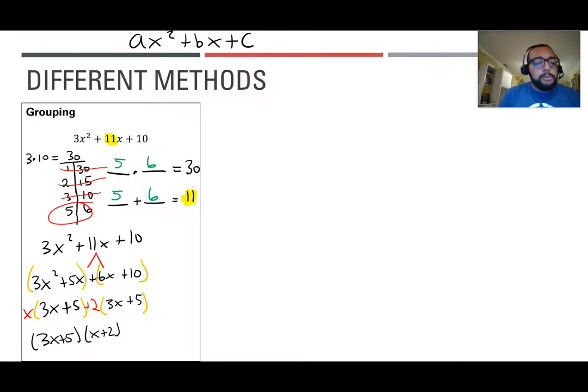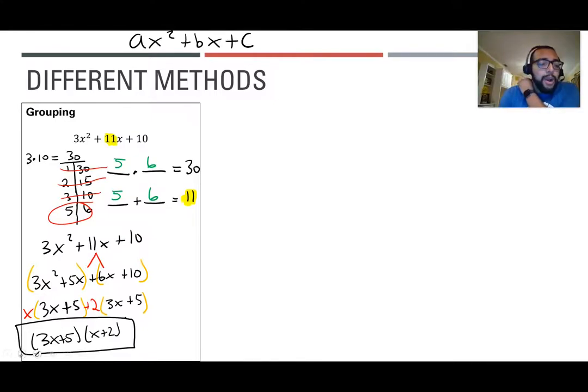So I'm going to write everything that's in the parentheses, which is 3x plus 5. I'm also going to write everything that's left over, which is x plus 2. If I was to multiply these two binomials together, that would give me 3x squared plus 11x plus 10.